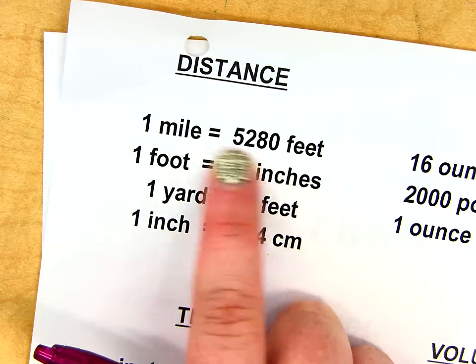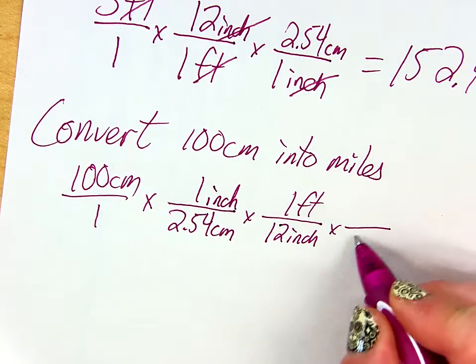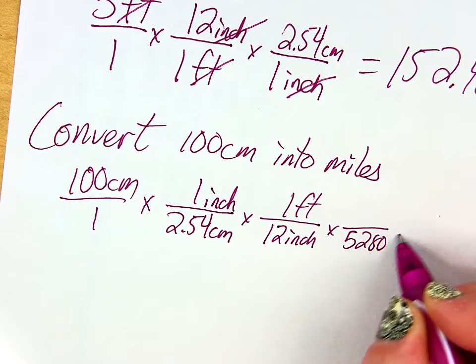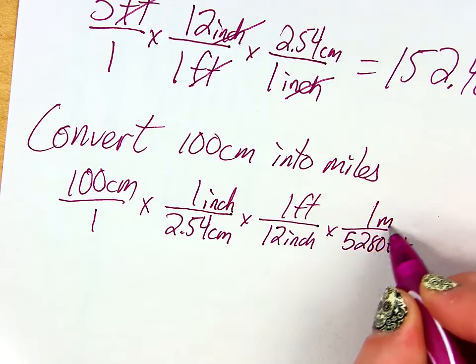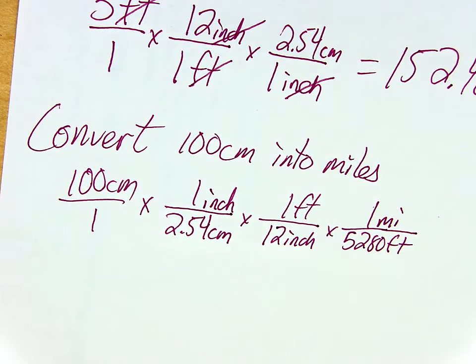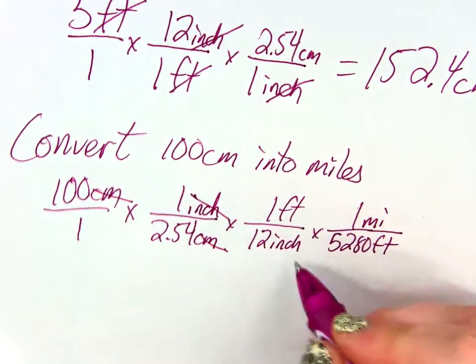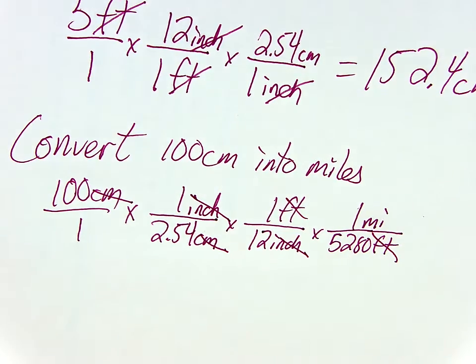Yeah, so 5,280 feet has to go on the bottom. 5,280 feet, 1 mile. All right. I got to miles. Let's check that our units all cancel. Centimeters, centimeters, inch, inch, feet, feet.